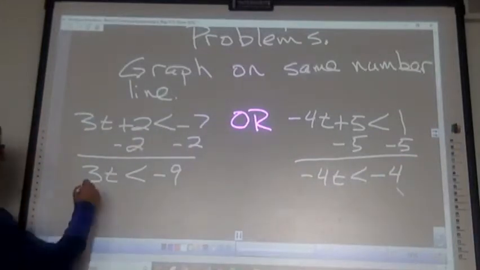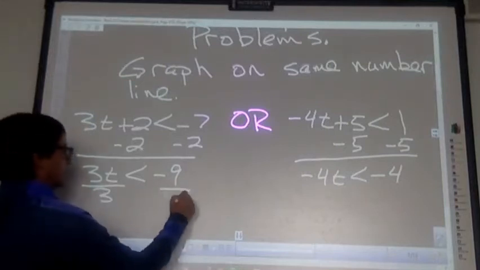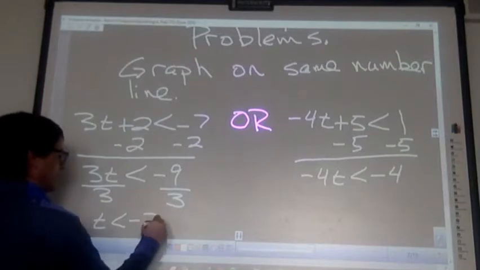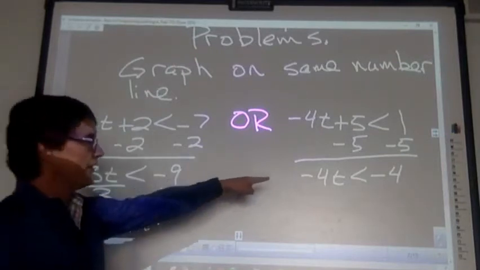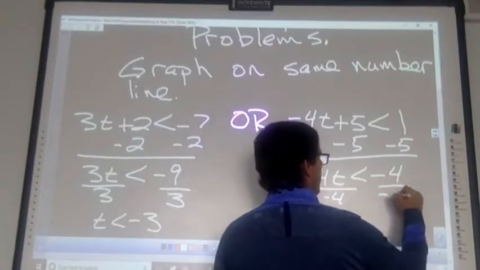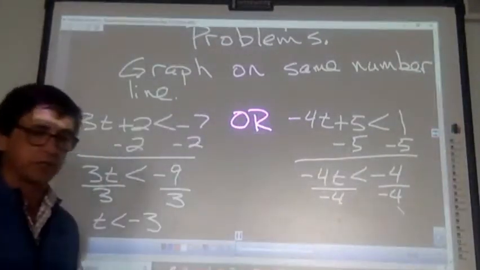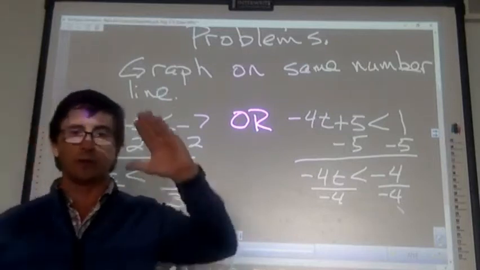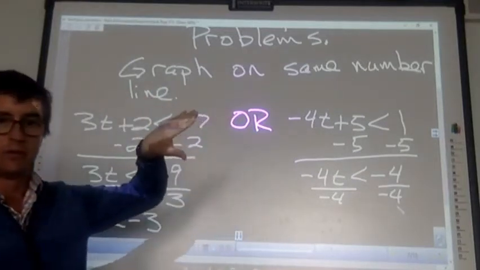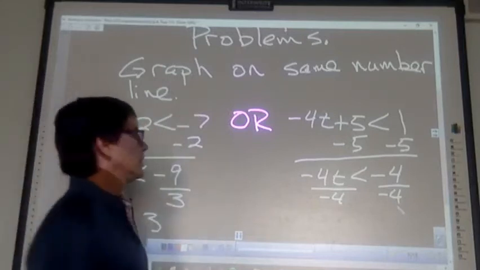Left side, divide by 3 on both sides. So t is less than -3. On this side, we're dividing by -4 on both sides. When you divide by a negative, what do you have to do to the inequality? Flip the inequality.